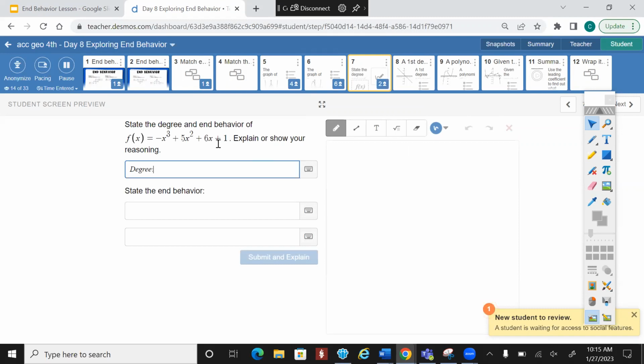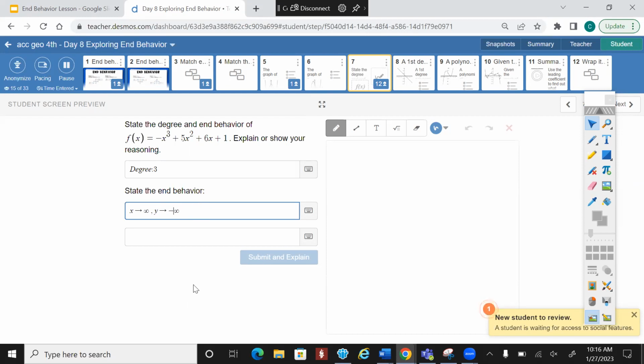Okay, what's the degree of this one? Okay, and what is the end behavior? As x approaches negative infinity, it approaches infinity. Y approaches negative. Good.